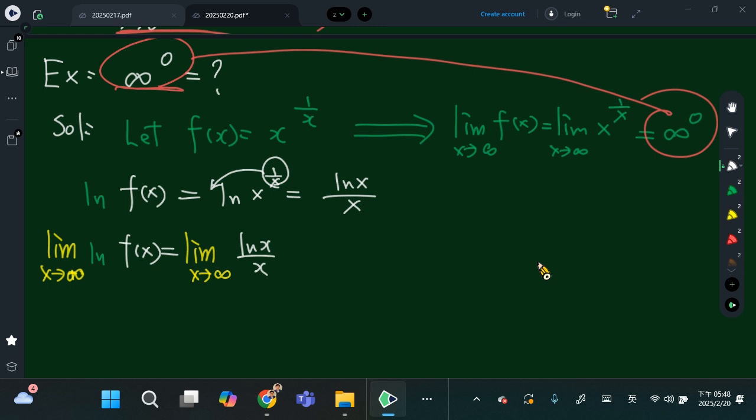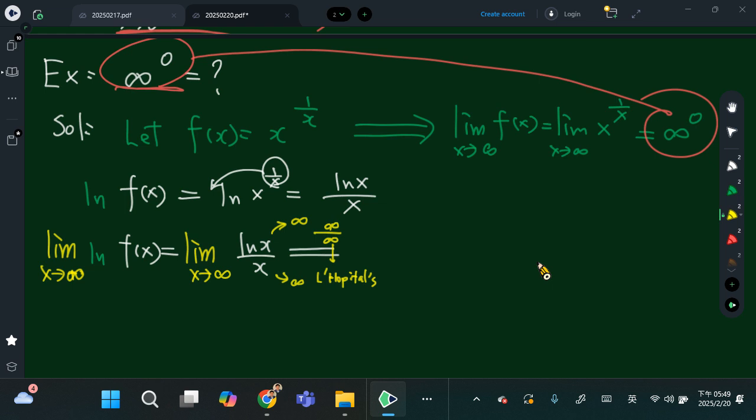So again, you can see when x is approaching infinity, this part is infinity and this part is also infinity. So we encounter infinity over infinity, which is a typical indeterminate form. Based on this, we can apply L'Hospital's rule.